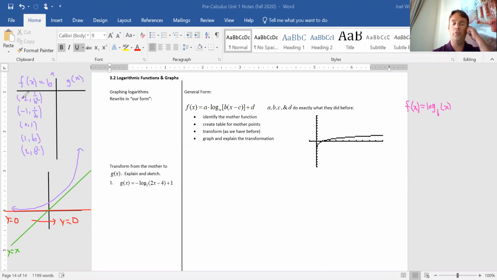So where this was -2 and then 1 over b squared, for our log, those are going to be the opposite points. The y value for the exponent became the x value for the log, and the x value of the exponent became the y value of the log. So it's the same points, we are just flipping the x's and y's.